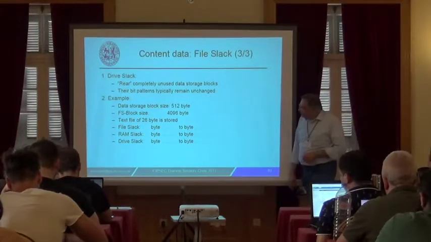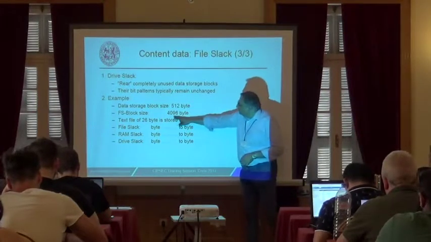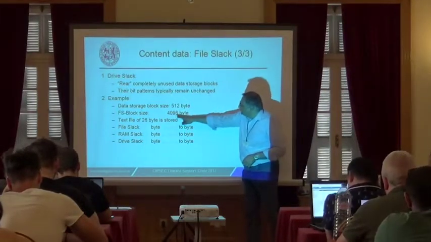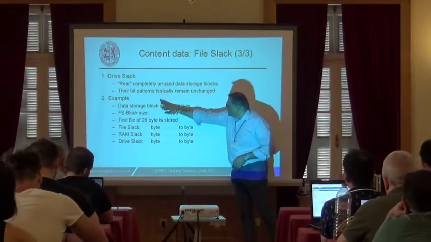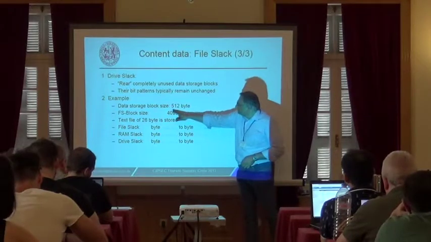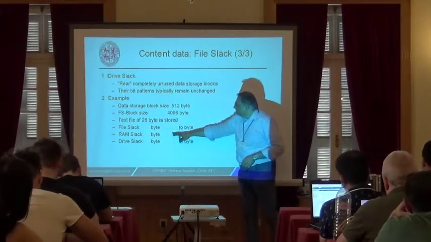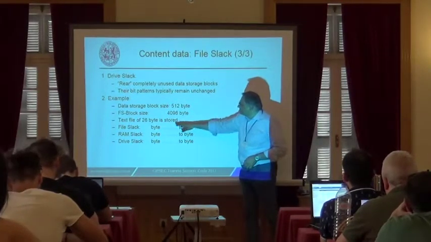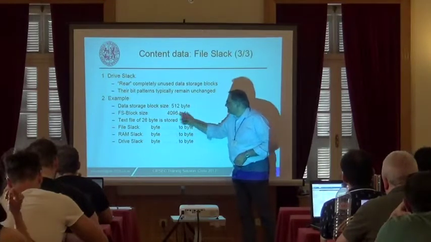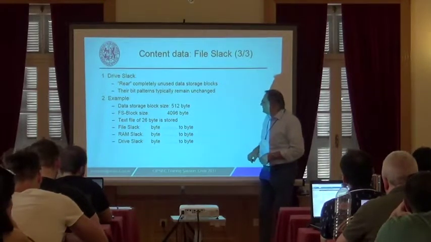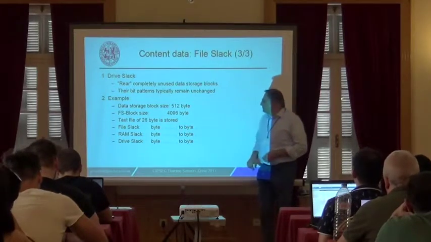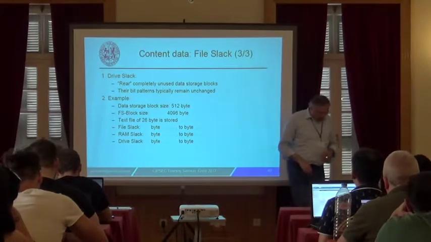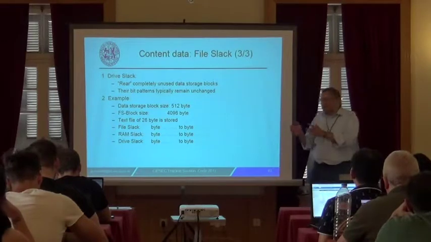And the file slack, here we have the file system block size. So the first 32 bytes of this 4K is the file, and the rest is the file slack. So again, from byte 26 to byte 4095 will be the file slack, and the drive slack is block oriented.